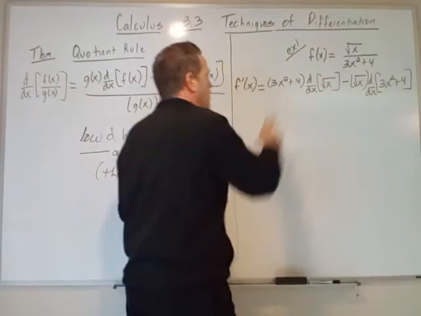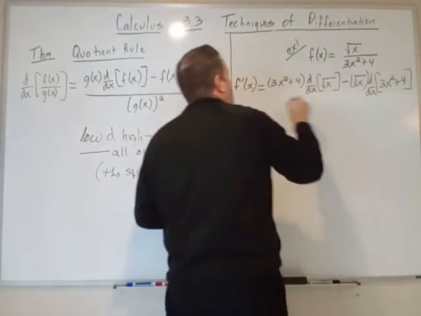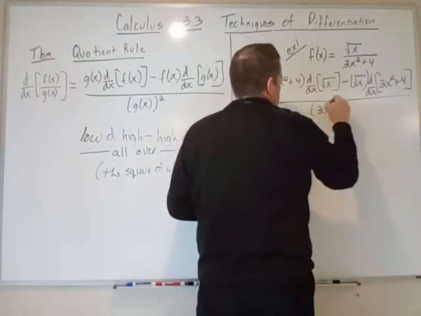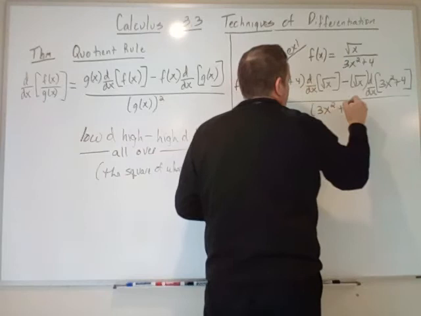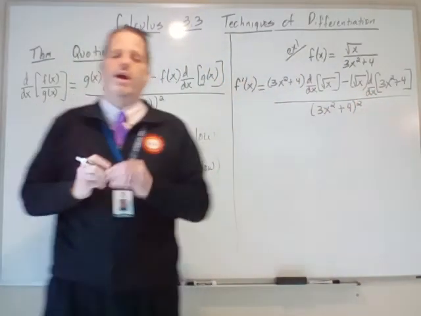So we've got low d high minus high d low all over the square of what's below. So that means it's 3x squared plus 4 quantity squared.